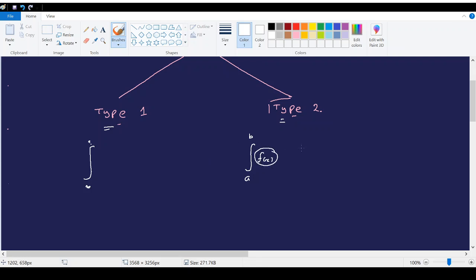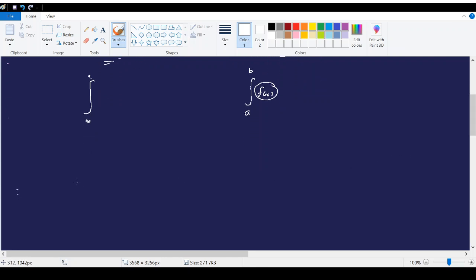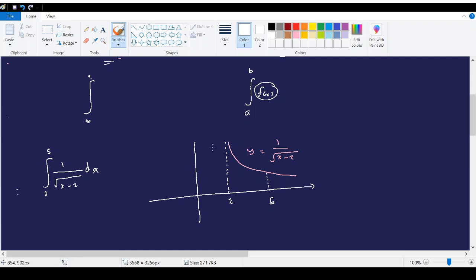Okay, I will start with an example in here as well, right? So if we consider the integral from 2 to 5 of the function 1 divided by the square root of x minus 2, and if we draw the graph of this function it will be something like this.